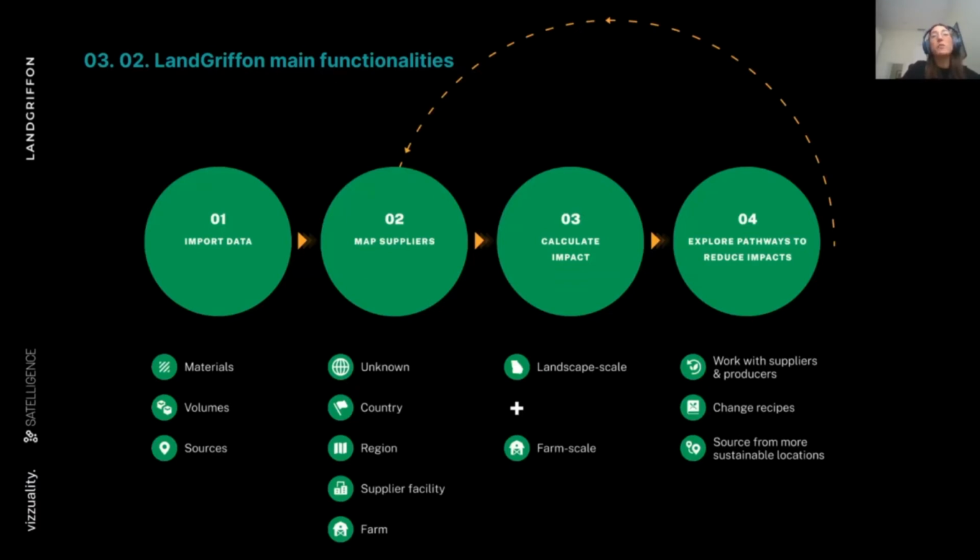Finally, once we have all the supply chain mapping and the different impacts calculated, the user can explore different pathways to reduce these impacts by, for example, working with producers and suppliers to reduce risk, change product formula, or source from more sustainable locations.